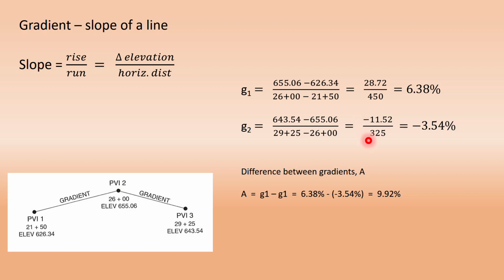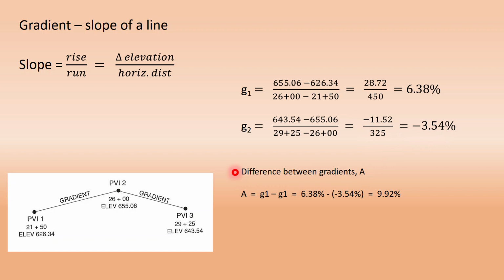And these signs are going to become really important with vertical curve calculations. So always pay attention to your algebraic signs here. But we have a flatter gradient, a flatter slope. It's a negative 3.54%. The difference between gradients is a variable that can be used in some vertical curve calculations, and some books call this variable A. Our textbook does not.